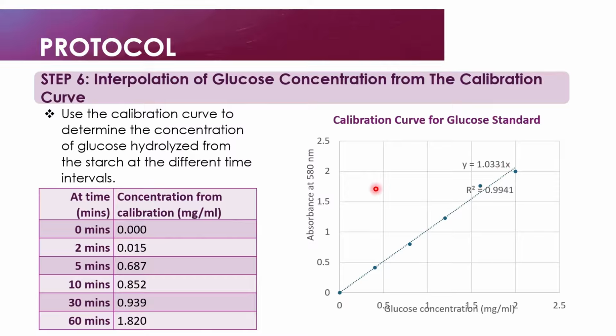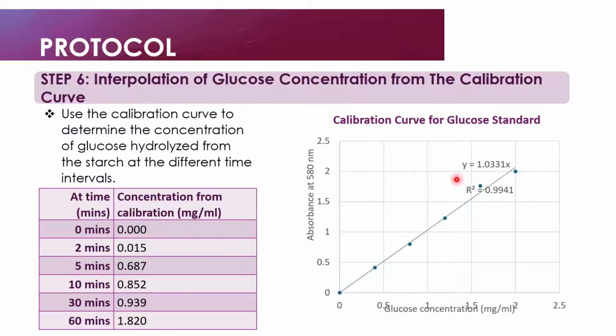So to extrapolate the glucose concentration from the calibration curve, we will have to use the equation of the line given as y equals 1.0331s and make s the subject. Making s the subject, from this equation we have s equals y divided by the slope, which is 1.0331.